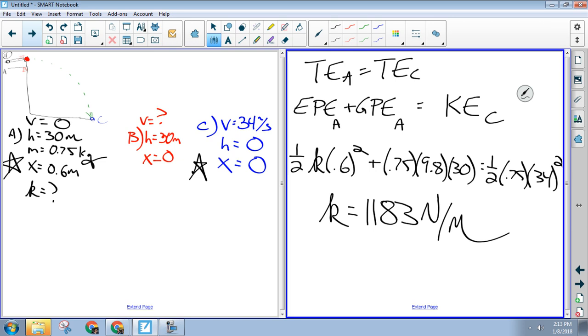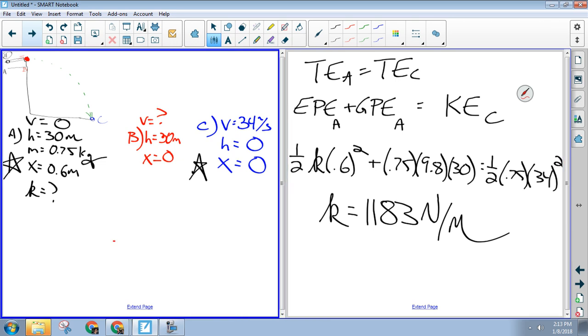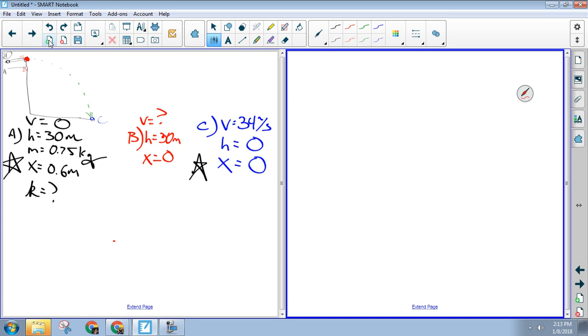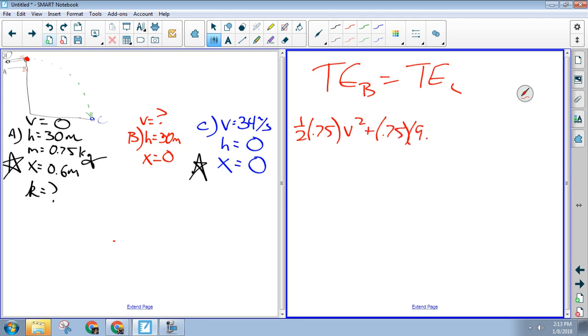All right, and then you can find the velocity at point B kind of the same way, right? Set the total energy at C equal to the total energy at B. So total energy at B equals the total energy at C. So we're going to have 1/2 the mass times the velocity squared plus the mass times 9.8 times 30 equals 1/2 the mass times the velocity squared.